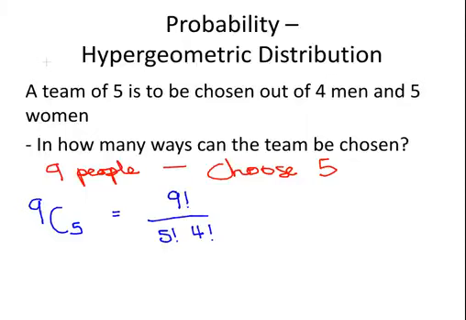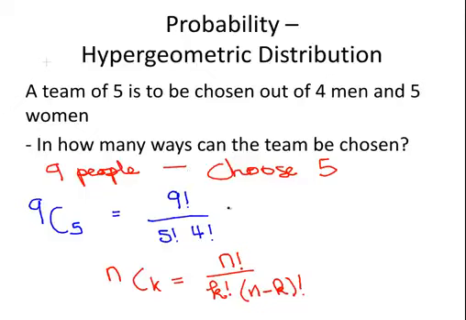Just for the sake of clarity, I'll write up the formula down here. n choose k is n factorial divided by k factorial times n minus k factorial. So that's where the n minus k comes from. 9 minus 5 gives you 4. That's just to be clear about what we're doing.